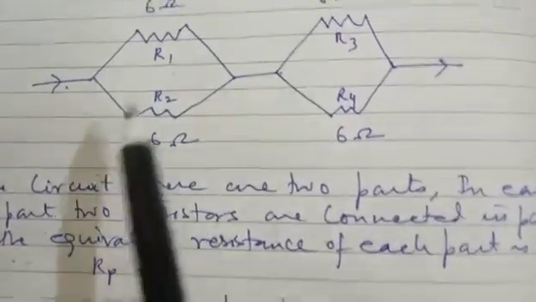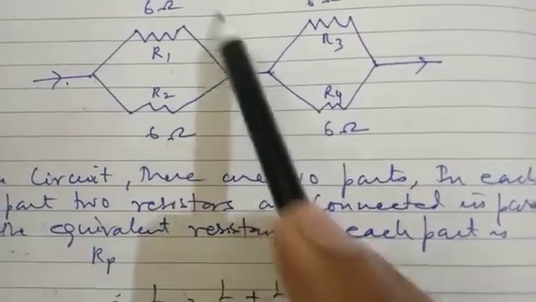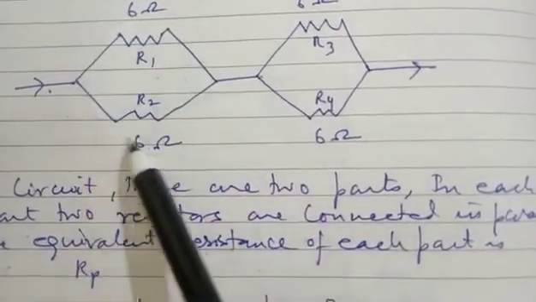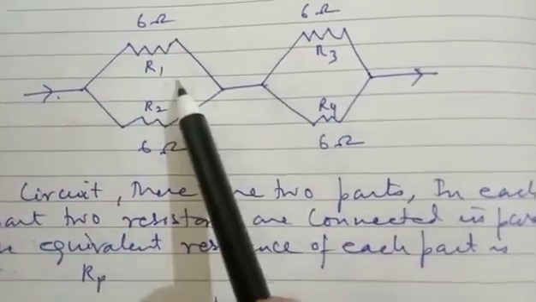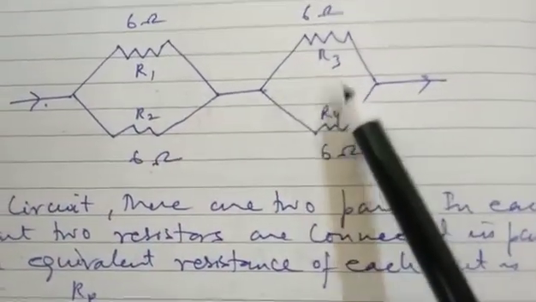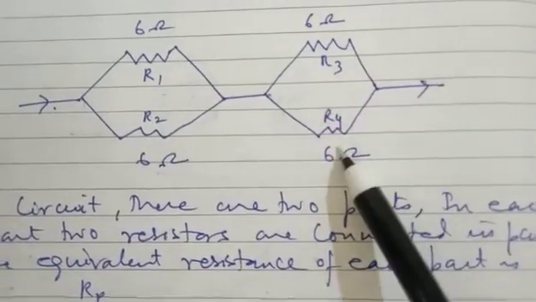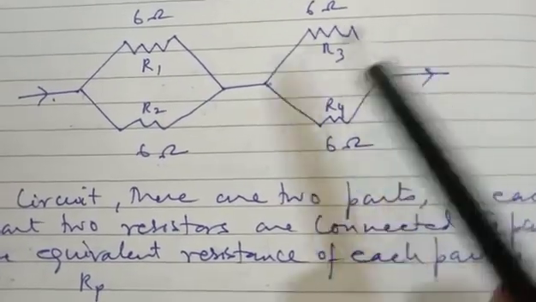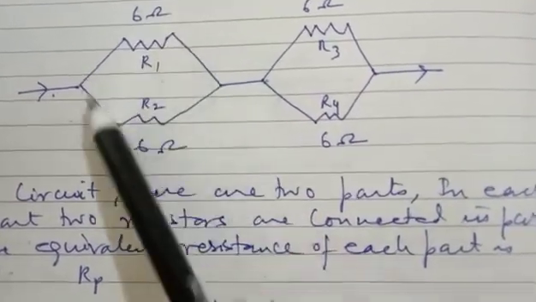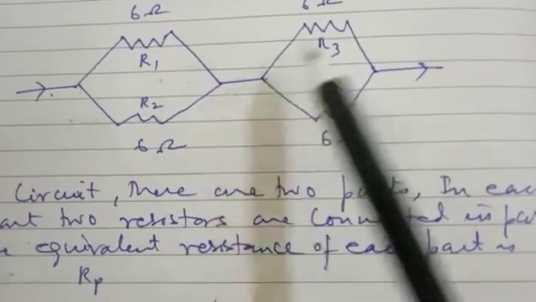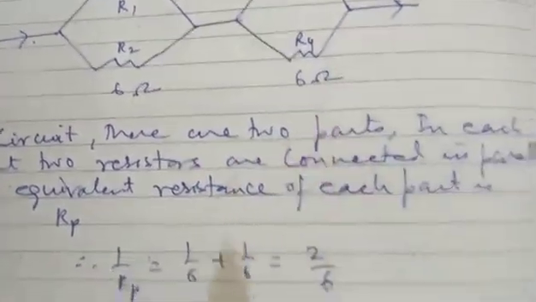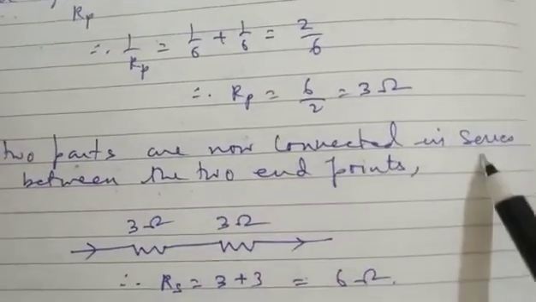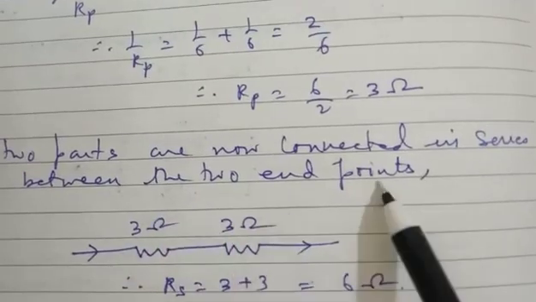So it means that after I have solved the first branch with the help of parallel combination, I am going to get the equivalent resistance of this branch as 3 ohm. Same thing is going to happen here also, as they are also connected in parallel. So this is also going to give me 3 ohm. So if you look at the technique, first we have solved the first branch, then we have solved the other branch, and after solving, the two parts are now connected in series between the two endpoints.